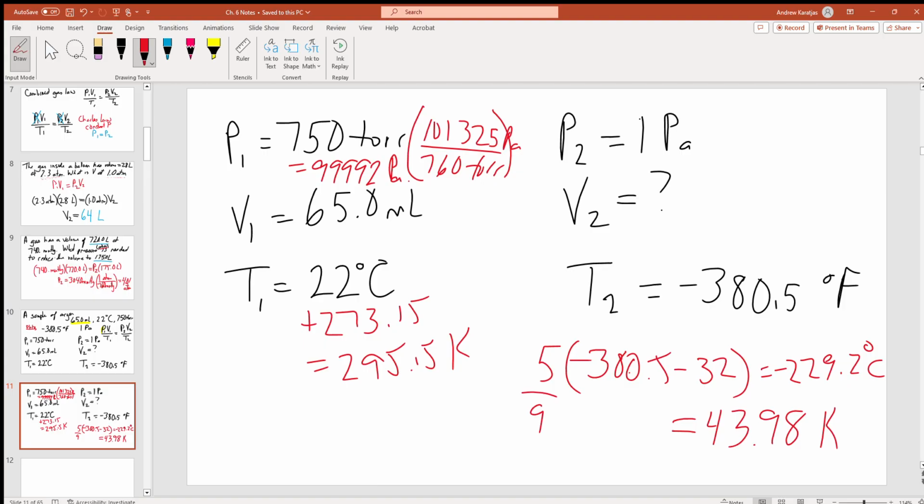So now we've got all of our units where they need to be. We've got the correct units for temperature, and we've got both of our pressure units in pascal. Now we can do our calculation.